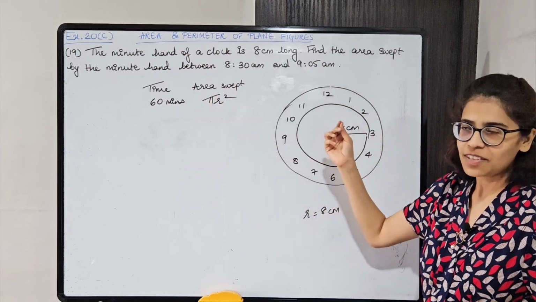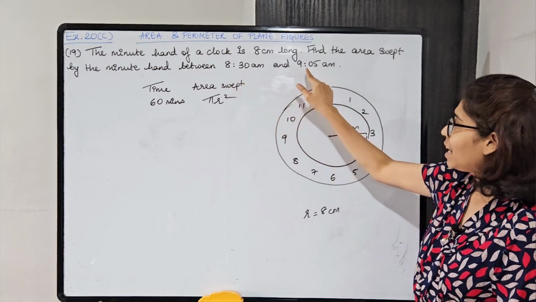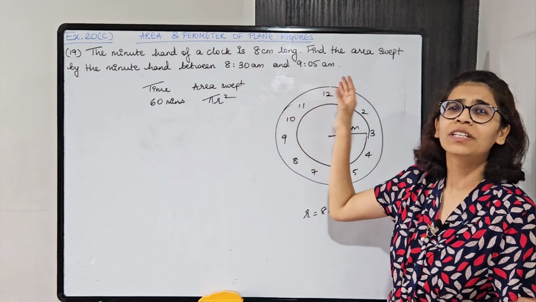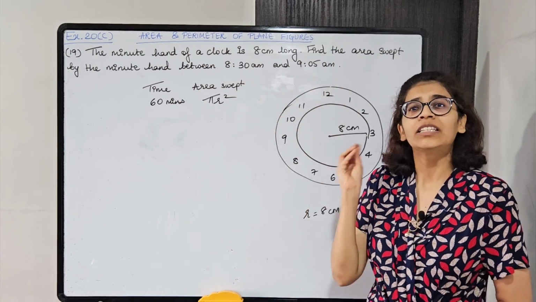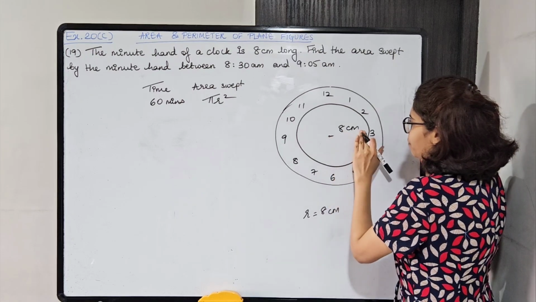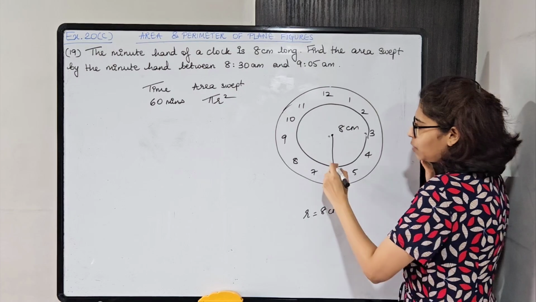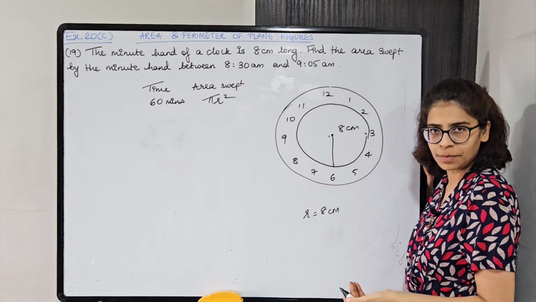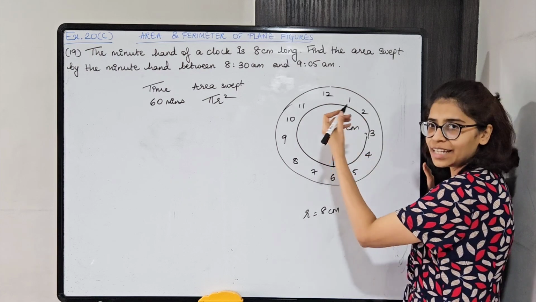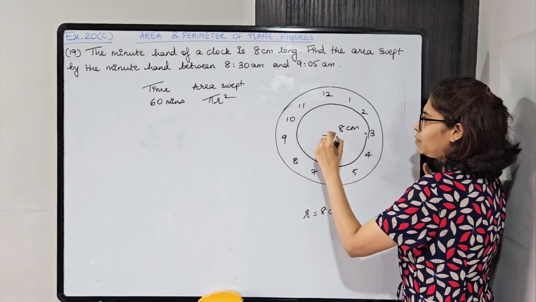Now what they have asked is, what is the area swept by the minute hand between 8:30 and 9:05 am? तो 8:30 am से 9:05 am कितना टाइम होता है? 35 minutes, करेक्ट? 8:30 पे minute hand will be on 6, है ना? And hour hand will be on 8. 9:05 पे hour hand will be over here and minute hand will be on 1.